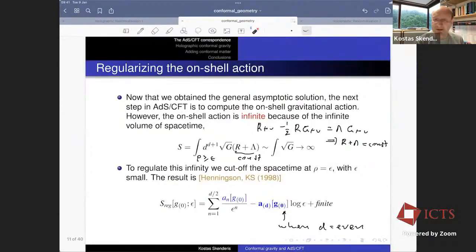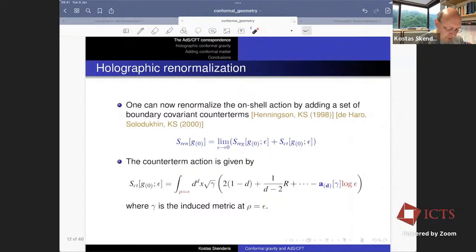The method which I will discuss in a minute avoids this complicated step. But when you do this, what I just described in a couple of words, you find that there is a covariant counterterm action, which gives here the first few terms. So now if you add this boundary action to the regulated one, then the limit of removing the regulator exists, and one obtains a renormalized theory.